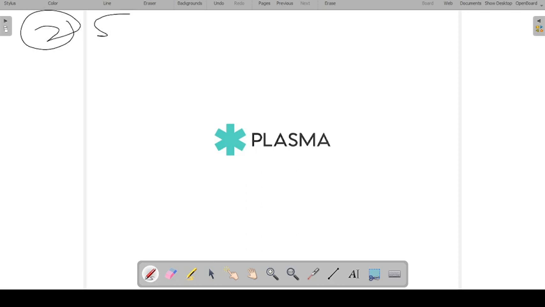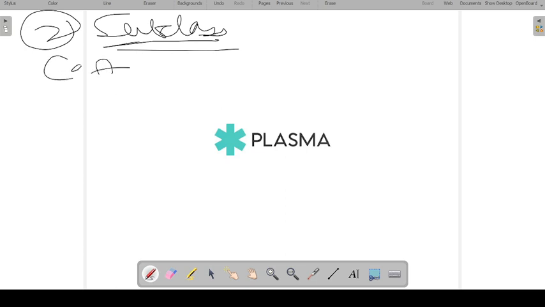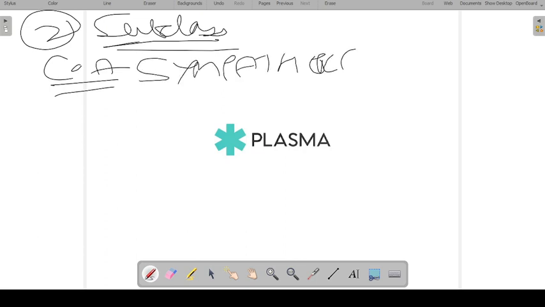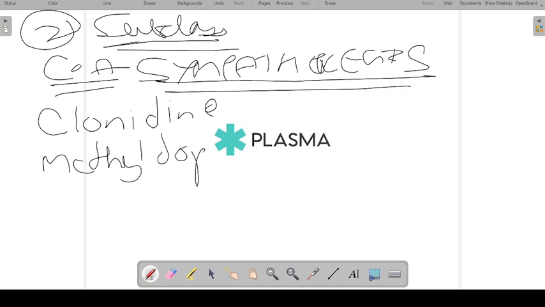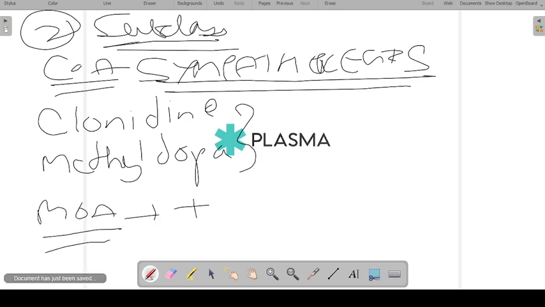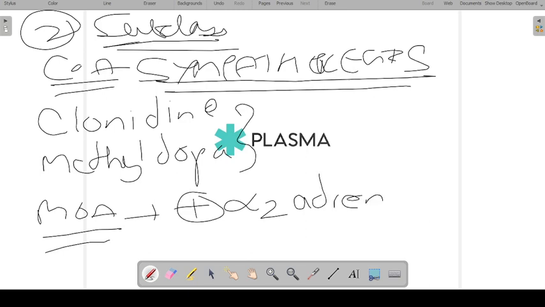Now, the second subclass is of sympathoplegics, centrally acting sympathoplegics. For example, clonidine and methyldopa. The mechanism of action is that they activate alpha 2 adrenoceptors.